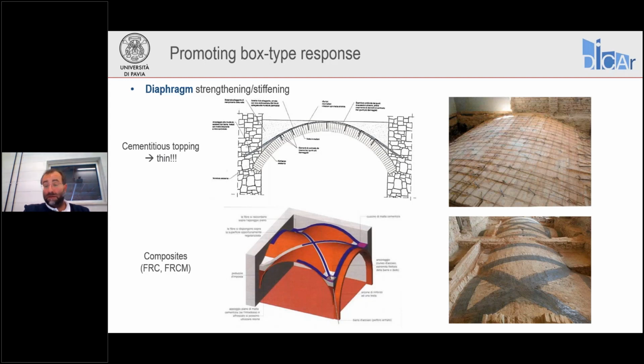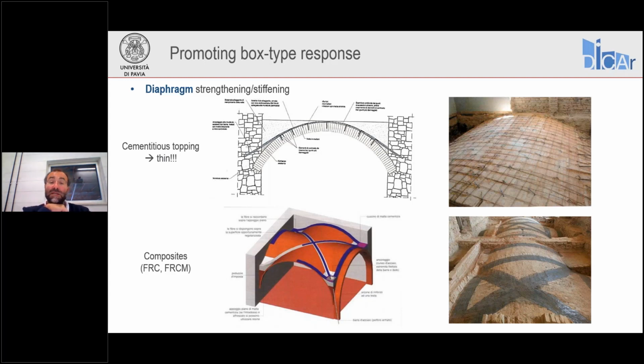We don't want, and I will tell you in a second why, we don't want to have a very stiff concrete topping. We want to take advantage of the masonry actually, so keep it together without messing up with the flow of forces in the structure.